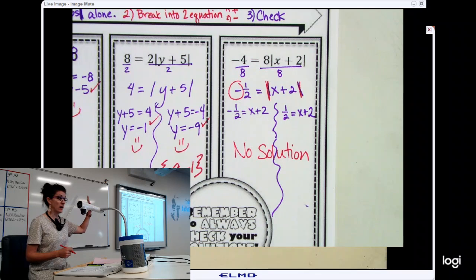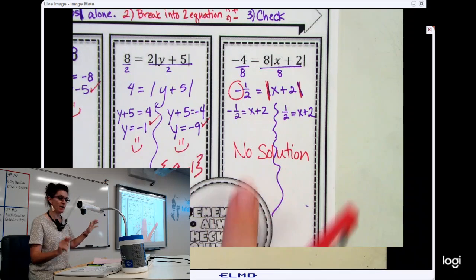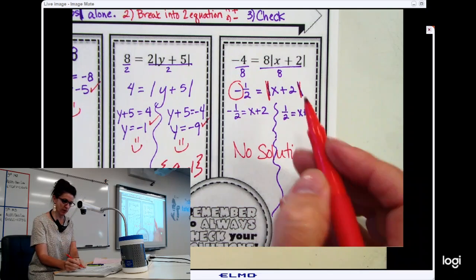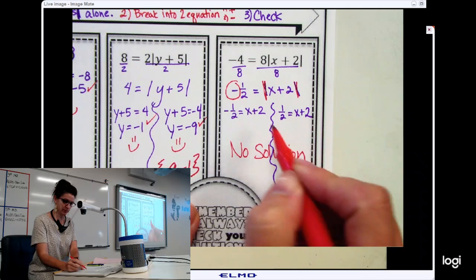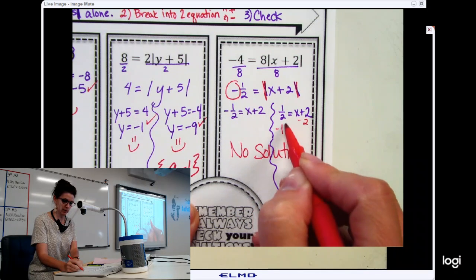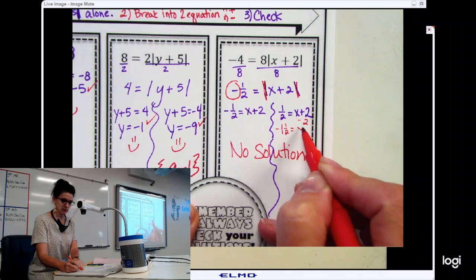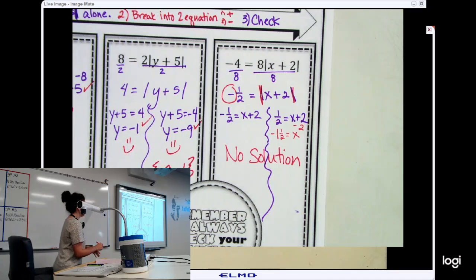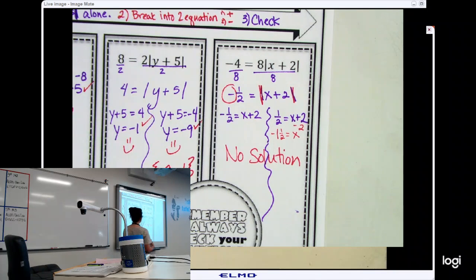How many of you think you might miss that in your homework? I might. All right, so let's just do half of one of these so we can see what happens. So this is a big reason why you check your solution. So if I took away 2, I get -1.5 equals x, right? Now, if I didn't check my work, I might think -1.5 is a great answer. But let's plug it in here.